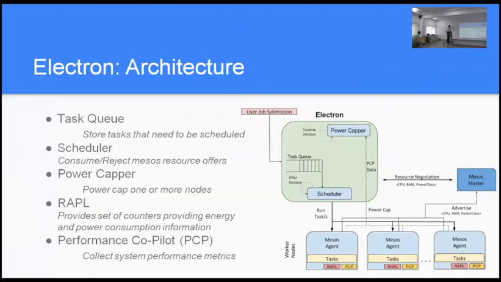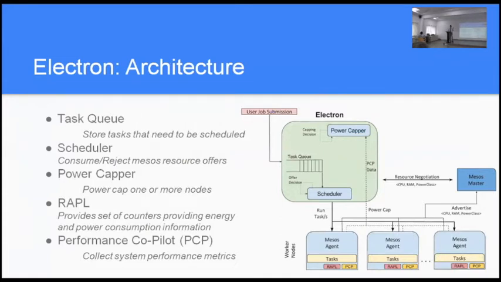Now, I'd like to slowly explain this diagram to you. What we have done is build something on top of Apache Mesos. Apache Mesos is a resource management framework, a data center operating system, but it lets you submit jobs to it in a very customizable framework. There are well-known ways of doing it. One way is called Apache Aurora.